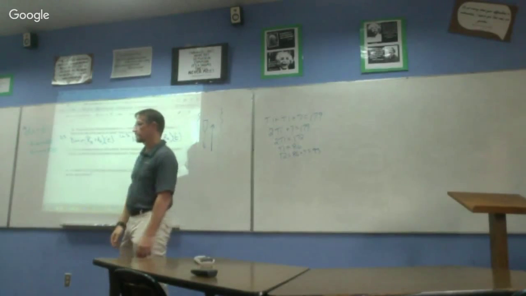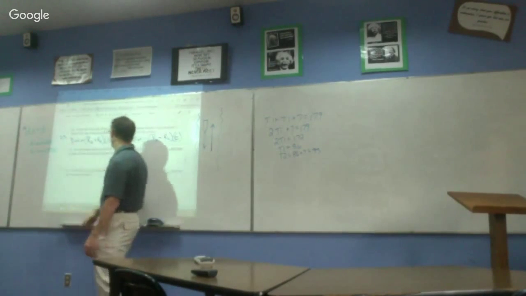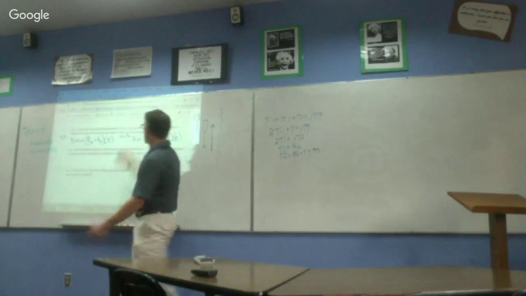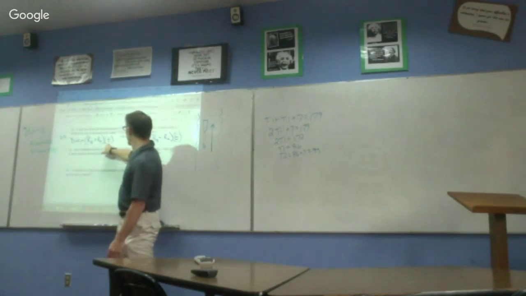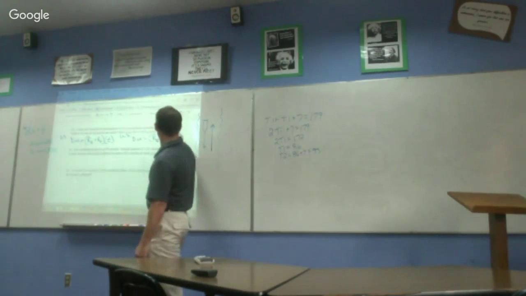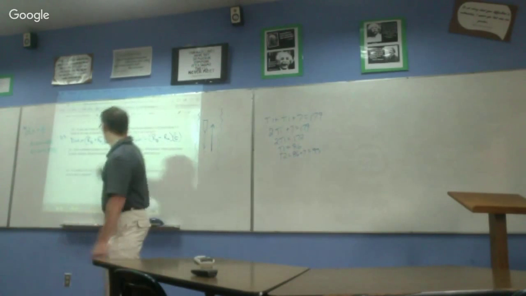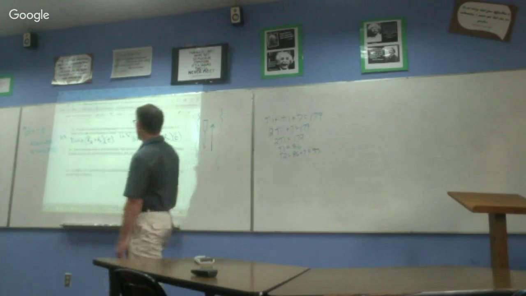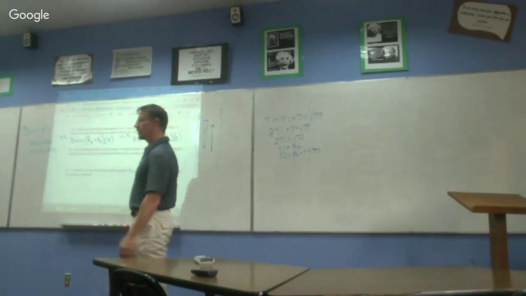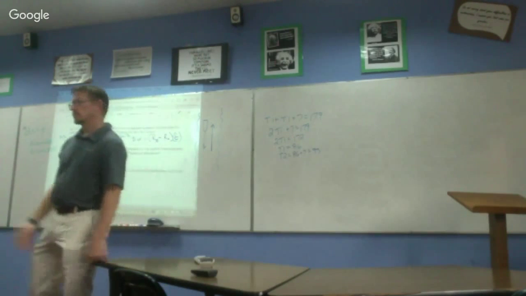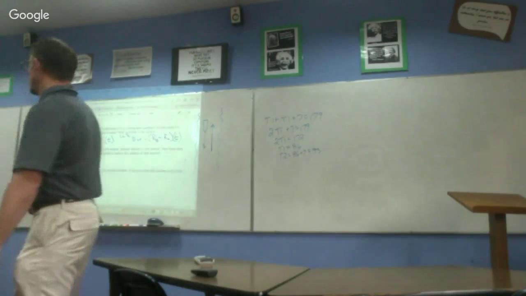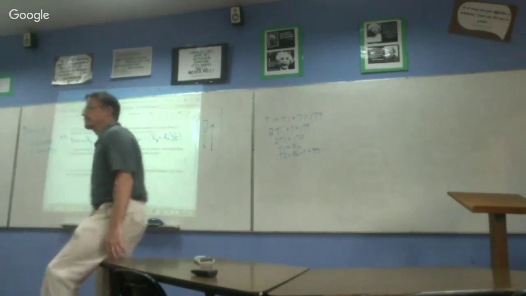Set that equal to 36, set that equal to 36. You know that the downstream is 2 hours. You know that the upstream is 3 hours. So now you know 2 equations with 2 unknowns. Solve for the unknown.